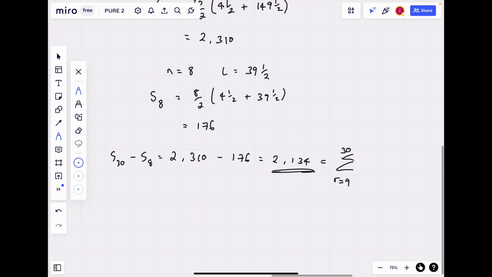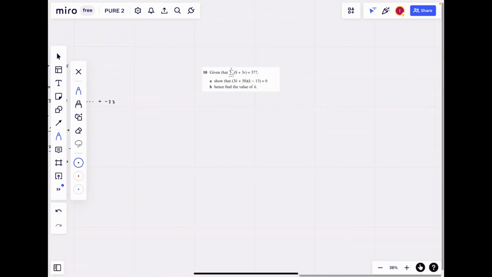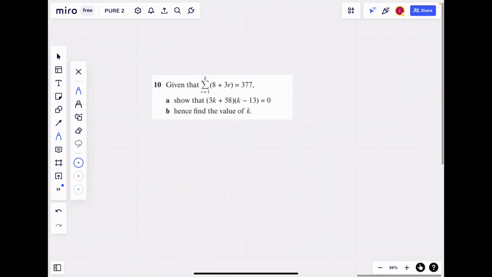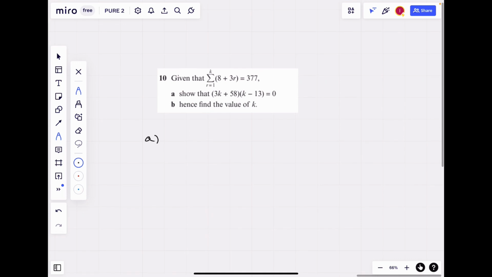Okay, that's 5a done. There's one more question I want you to try. Question 10. Can you give that a go for me, please? Okay, same principles apply. We need to work out A, we need to work out D or potentially L, and then N. So to work out A, we plug in R equals 1, which gives us 11.